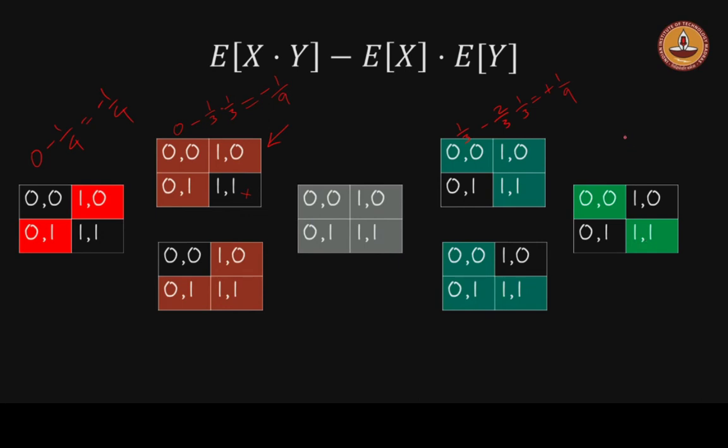It's going to be a half minus E of x again minus 1/4, I think, okay, equal to plus 1/4. Why are we going through all of this? So, what we sort of guess is it's ranging from minus 1/4 to plus 1/4.